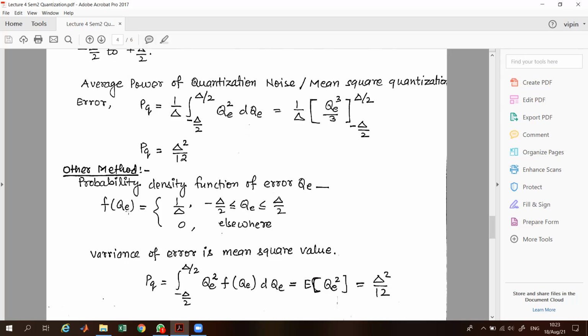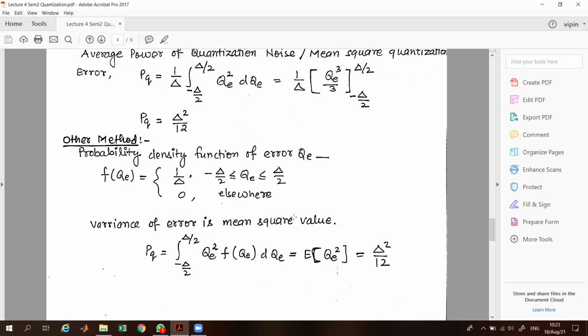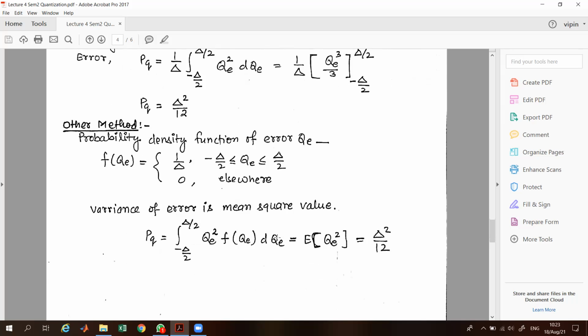The PDF is equal to 1 divided by delta when QE is in this range, and the variance of error is your mean square value. So it's the integral of QE square f of QE dQE. The expected value E of QE square is then equal to delta square by 12.